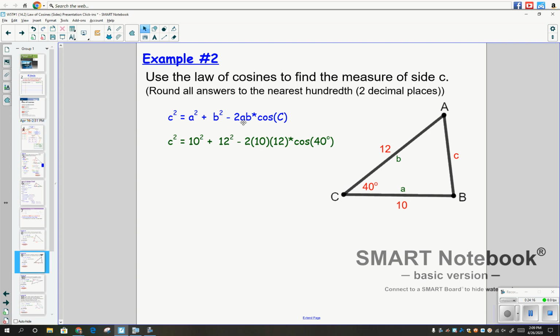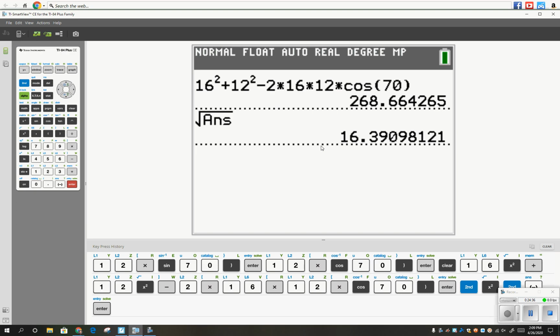Minus 2 times A, which again is 10, times B, which is again 12, times cosine. It's a capital C, it's angle C, which is 40 degrees. So I have C squared equals 10 squared plus 12 squared minus 2 times 10 times 12 times cosine of 40. Let's type that into our calculator.